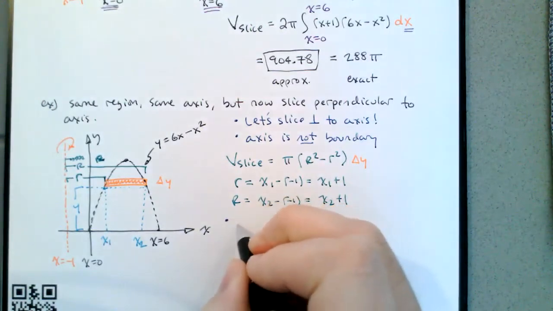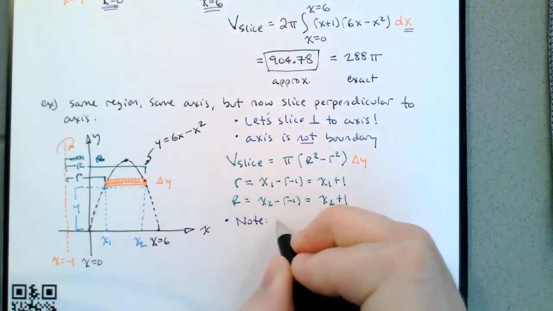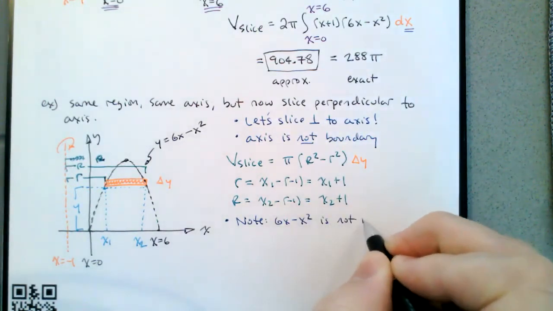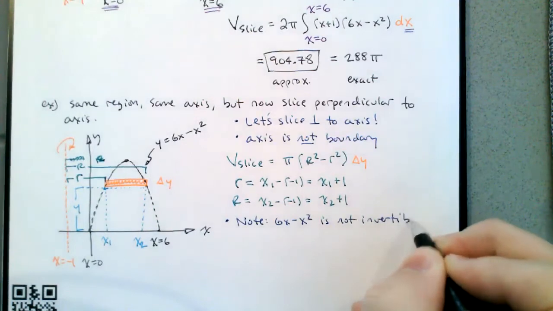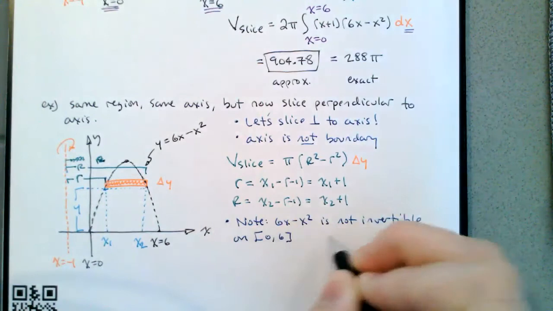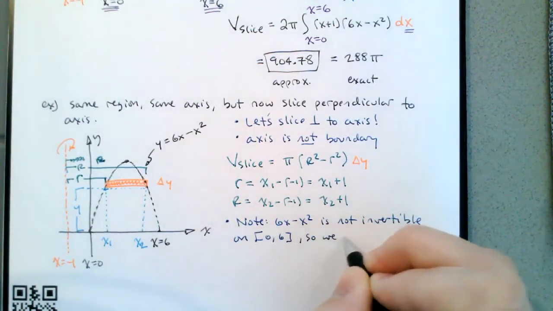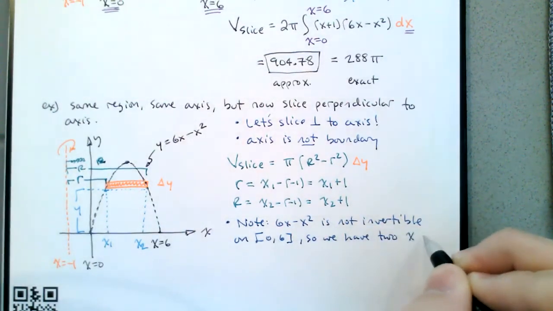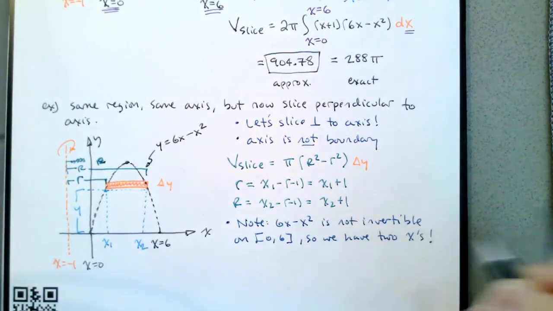So we're going to note 6x minus x squared is not invertible on the interval from 0 to 6. All right.